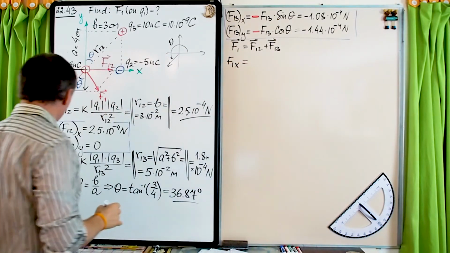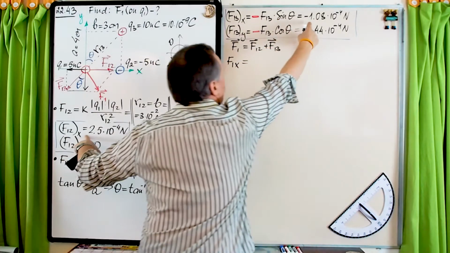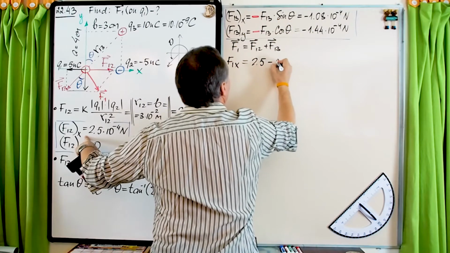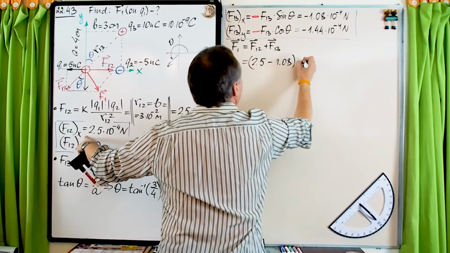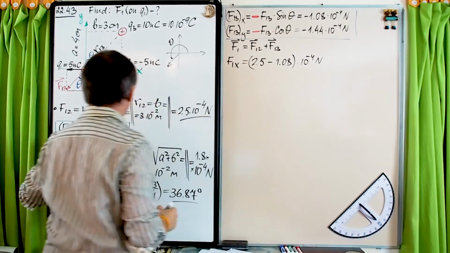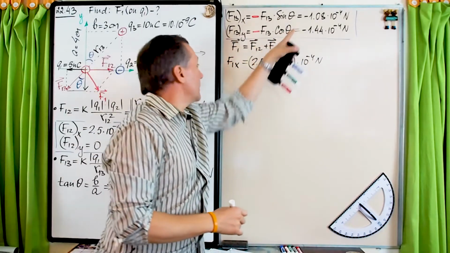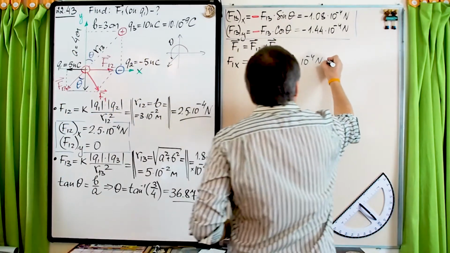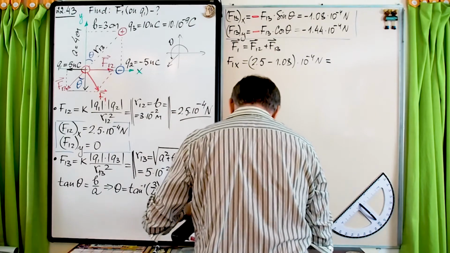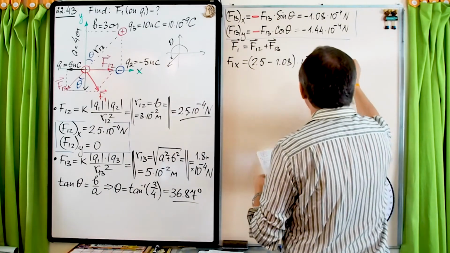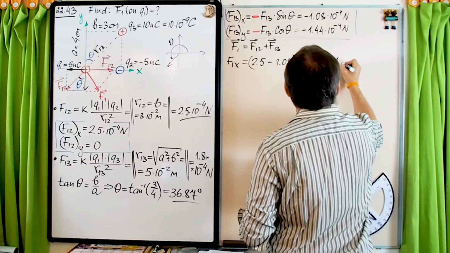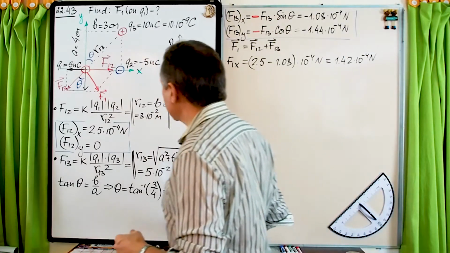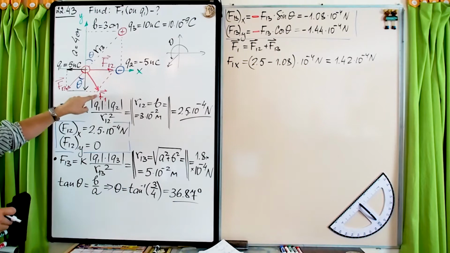It will be 2.5 minus 1.08 times 10 to the power of minus 4 newtons. So it's this component minus that: that is positive, that is negative. And that will be 1.42 times 10 to the power of minus 4 newtons. So that is the x component of this vector F1, our desired vector.